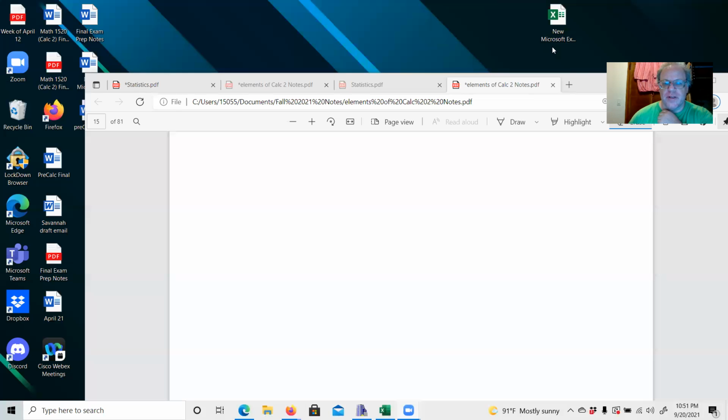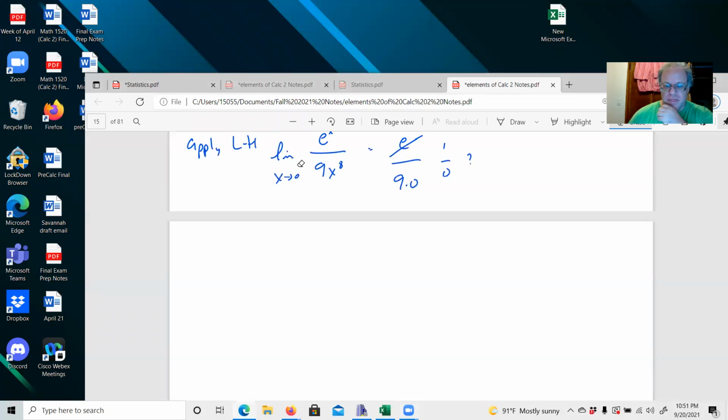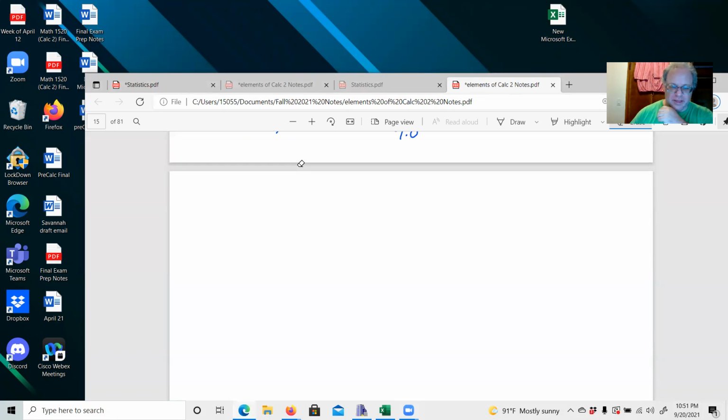The important thing about L'Hopital's is you have to use it on what's called an indeterminate form. What I mean is you have to use it on something that looks like 0 over 0 or infinity over infinity.